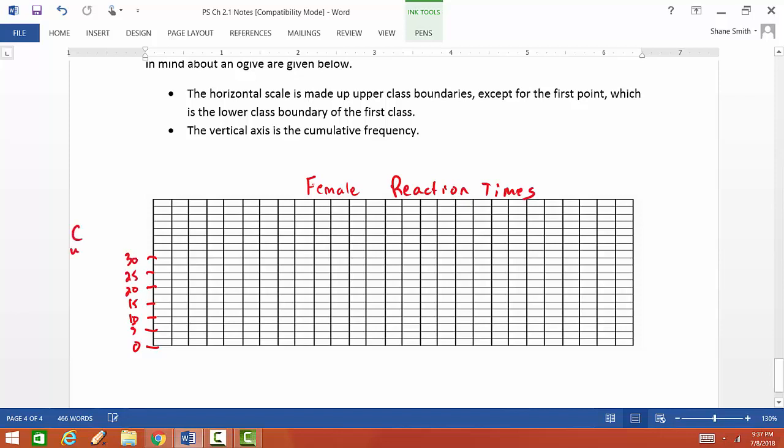And once again, this is cumulative frequency. And cumulative frequency uses the class boundaries, and you have to use class boundaries. So we put a break in our axis. The first class boundary was 290.5.